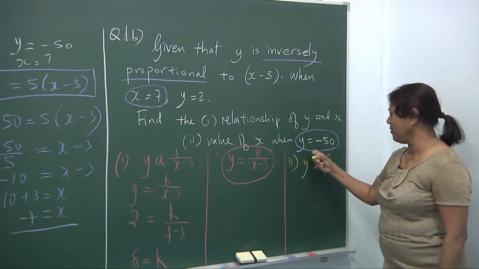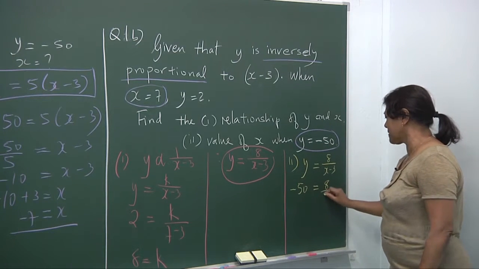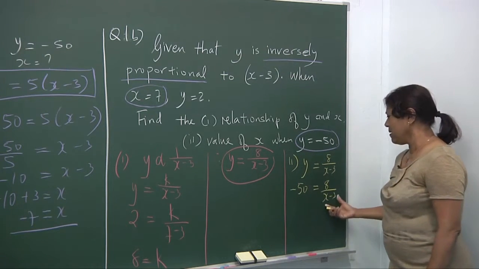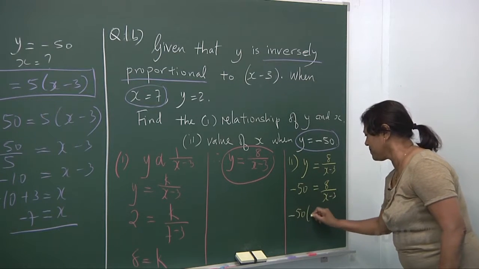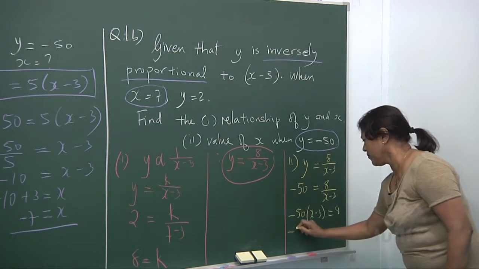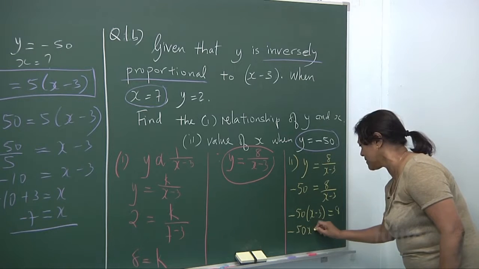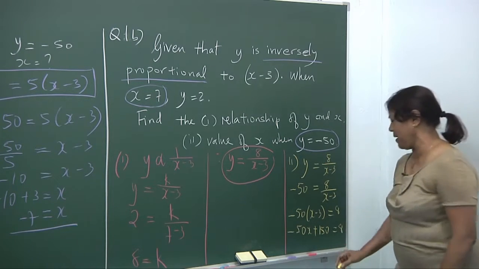Put your value down, minus 50. You need to find out what is x. X minus 3, bring this up. You get minus 50 times x minus 3 equal to 8. You've got minus 50x plus 150 equal to 8.